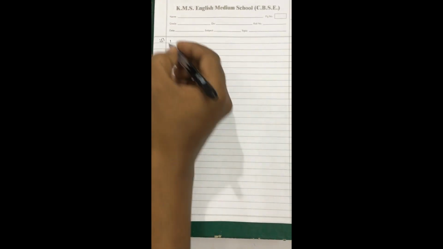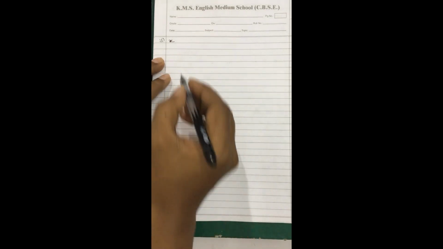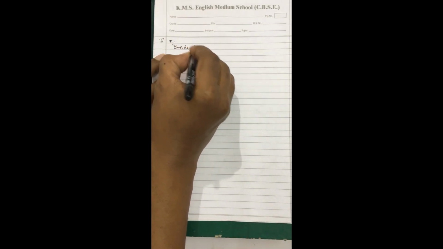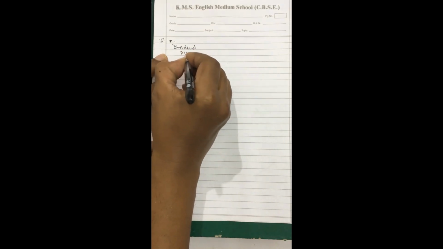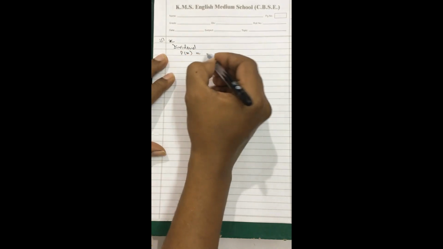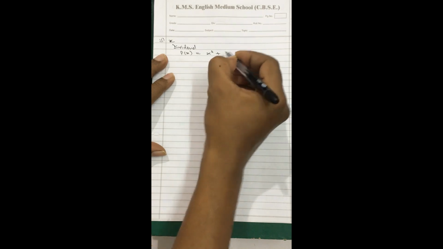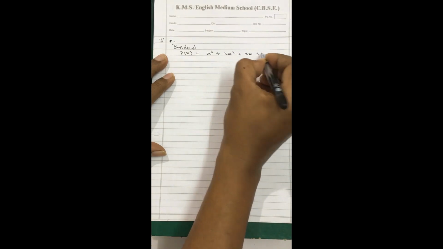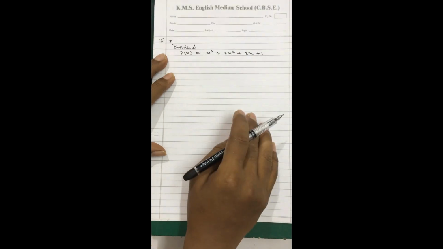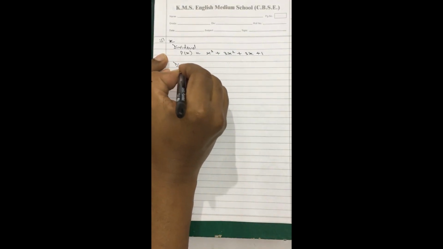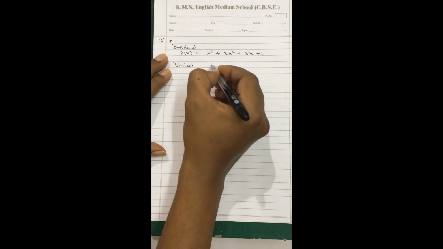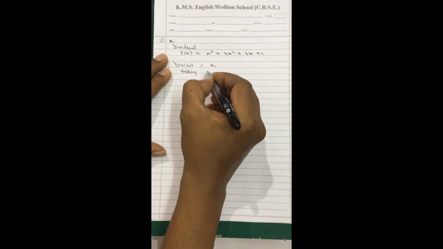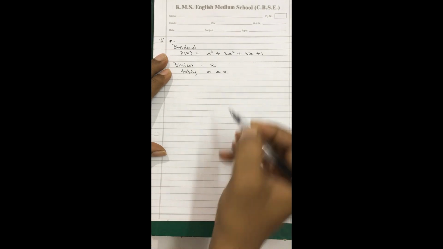So in this case p of x is going to be the same one, x cube plus 3x square plus 3x plus 1. This is going to be the dividend, and the divisor is going to be x, but we have to take x is equal to 0.